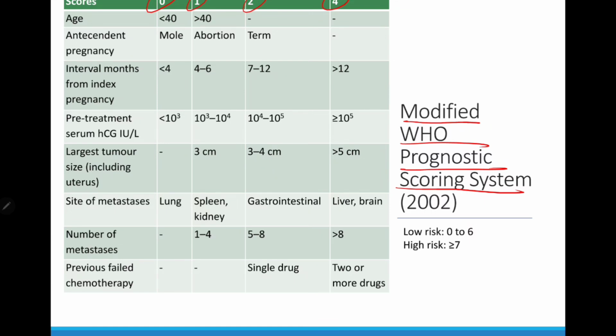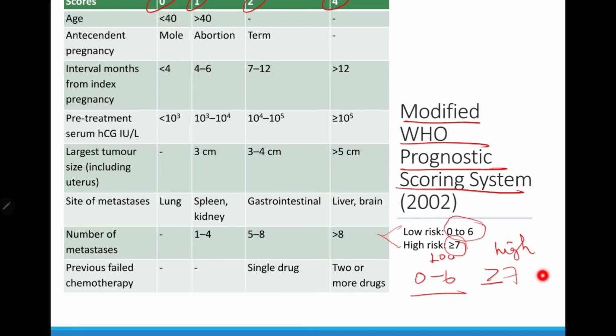So based on this WHO prognostic scoring system, we can classify them as low risk or high risk. Low risk means the score is 0 to 6. High risk means the score is more than or equal to 7.